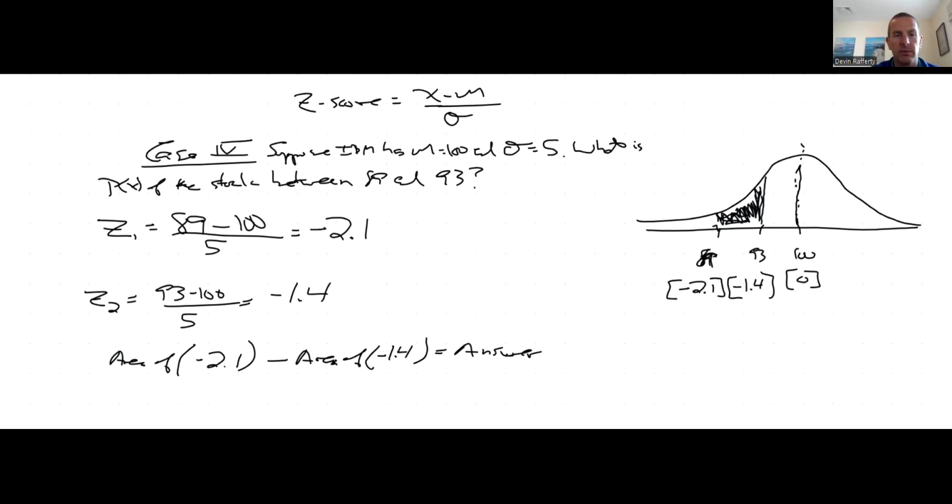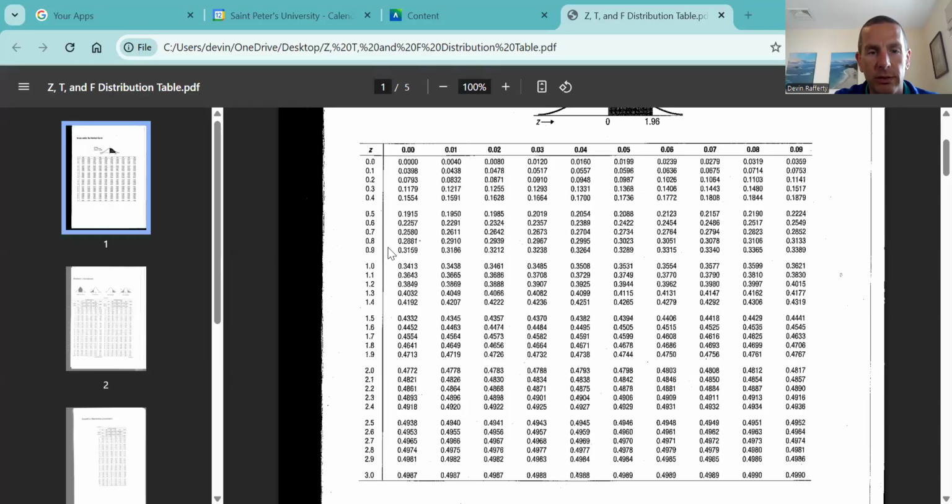Okay, this is 0.4821 minus the area of 1.4. We have to go find that now. 1.4, okay, so 1.4, go down to 1.40. 1.40 is 0.4192. 1.40 is 0.4192.